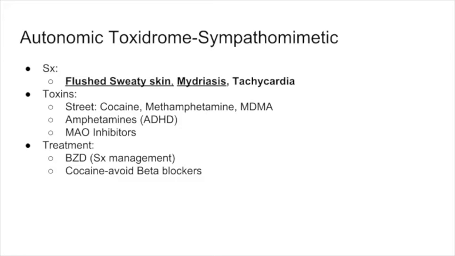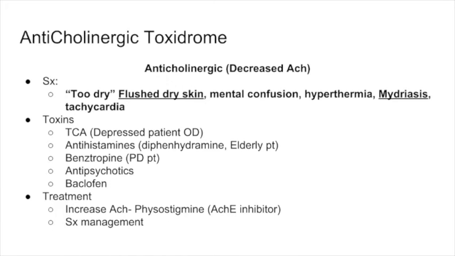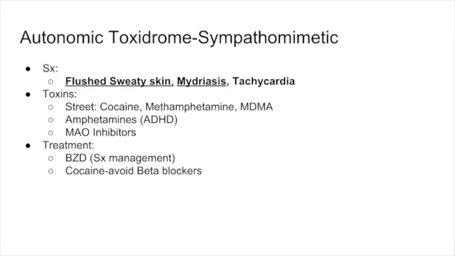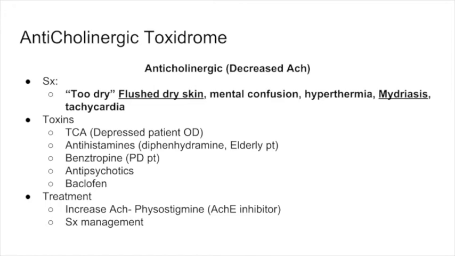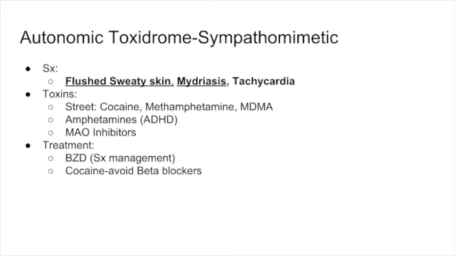Sympathetic, mimetic is mimic. And the sympathomimetic toxidrome is characterized by flushed, sweaty skin, mydriasis, and tachycardia. So I want you to pay attention to the difference between the sympathomimetic and the anticholinergic, because they both have very, very similar presentation.